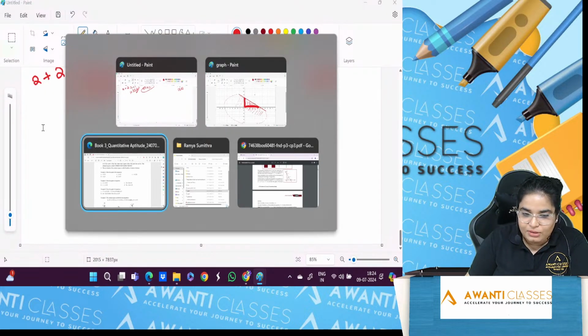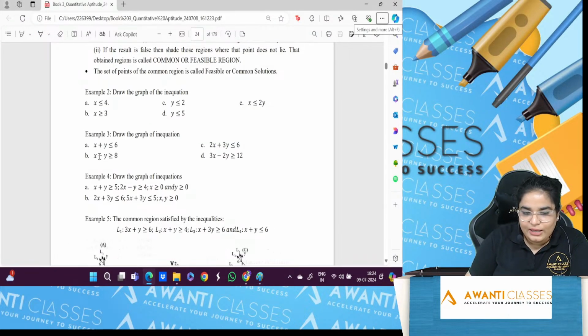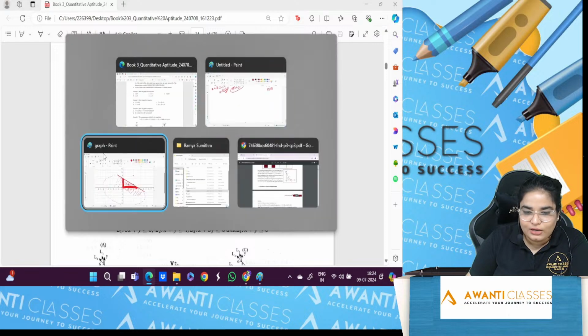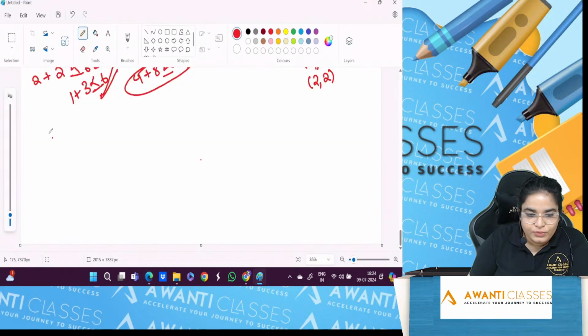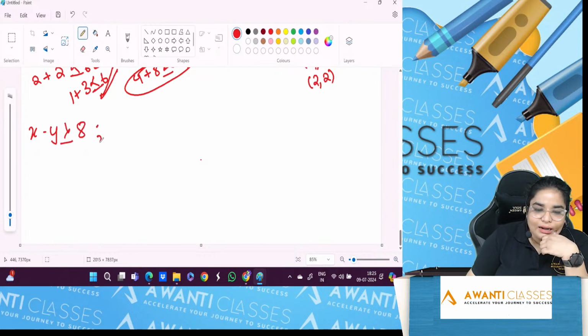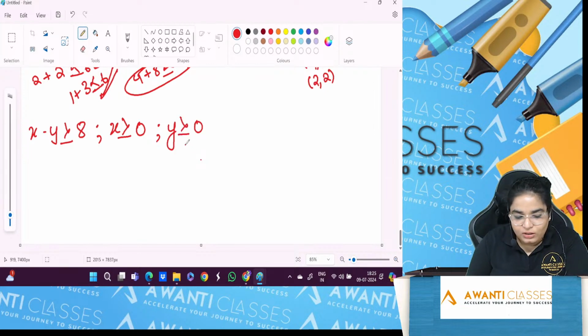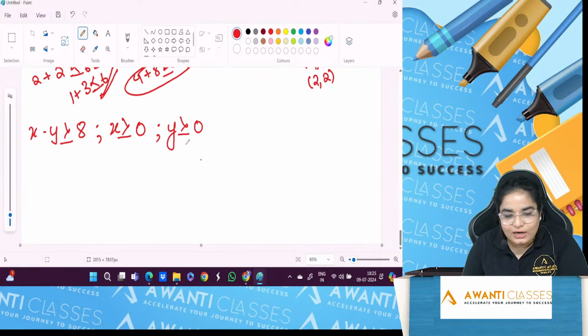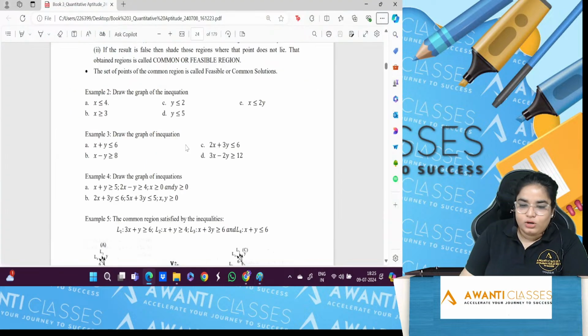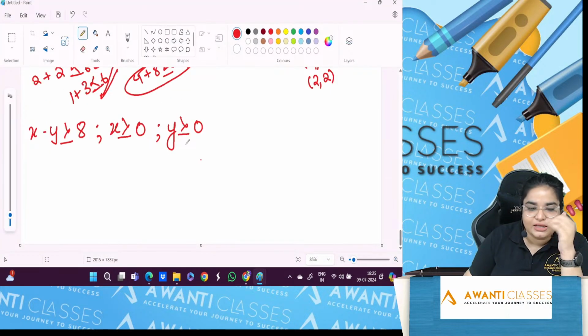Similarly, for example, let us try this in this way. The equation is x minus y should be greater than or equal to 8. Now, let us add conditions. X should be greater than or equal to 0 and y also should be greater than or equal to 0. Why? We are trying to keep it to the limited areas.